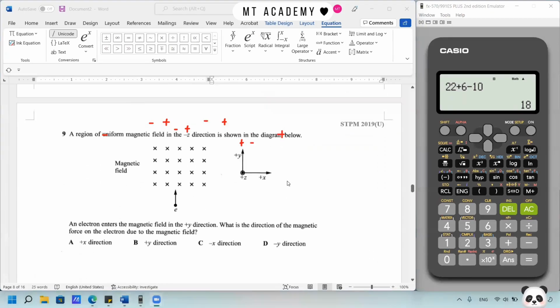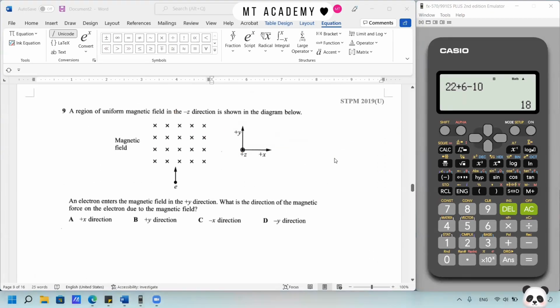So continue with question number 9. Region of uniform magnetic field in negative Z is shown in the diagram. An electron enters the magnetic field in the positive Y direction. What is the direction of magnetic force? It's quite straightforward. You just apply Fleming's left-hand rule, and you need to be careful with the electron that you need to reverse the direction of the force.